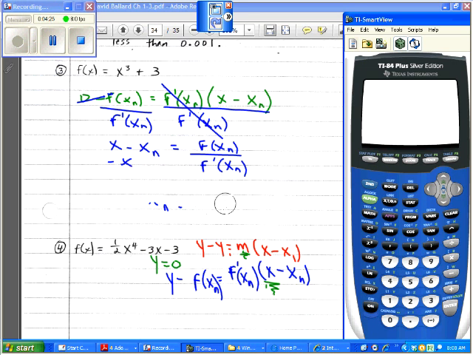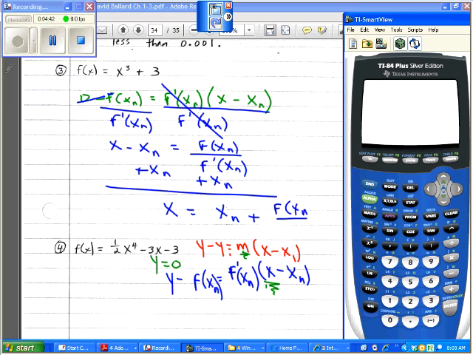Excuse me. I'm wanting to solve for x, so I'm going to add x sub n to both sides. And so I'm going to have x is equal to x sub n plus f of x sub n over f prime of x sub n.